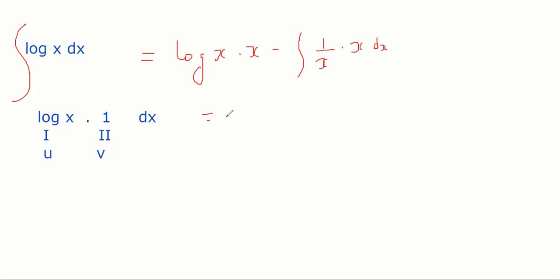So it becomes x log x, which will remain as it is. Minus, now x and x are gone, so it becomes integration of 1. Integration of 1 is again only x. Can you believe? That is the point. Integration of log x is not simple, it is x log x minus x plus c.